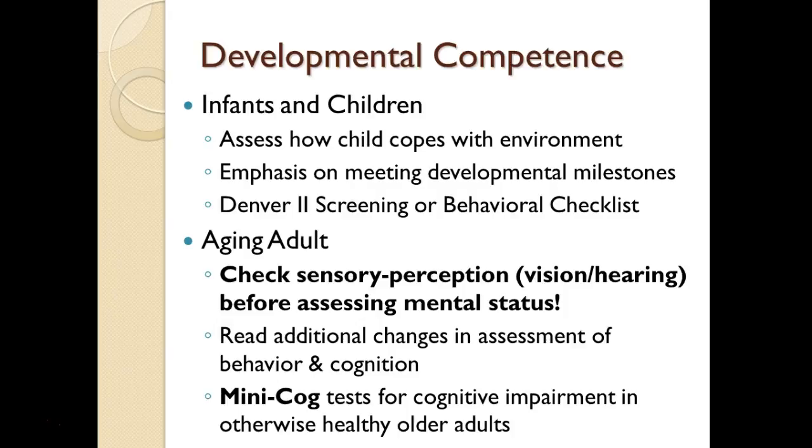In the book, it does talk about some additional changes in assessment of behavior and cognition for the older adult. And then there's a specific test called the mini-cog that's used with delirium, which is a temporary change in mental status, and there's usually an identifiable cause that can be reversed.